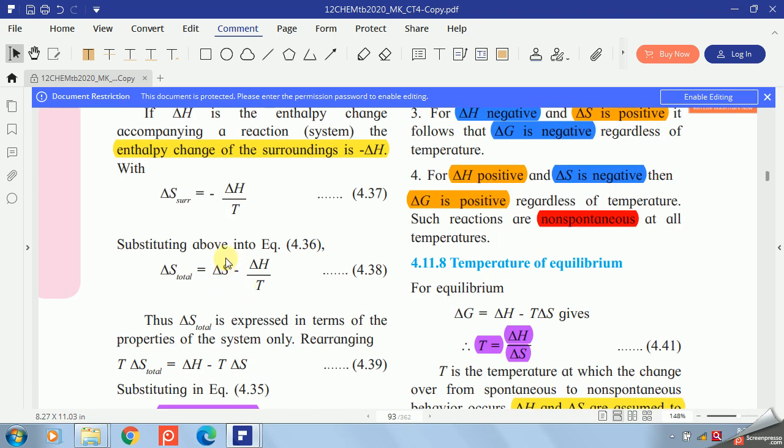Now, if we substitute this value of delta S surrounding in the above equation, then what is equation 4.36?